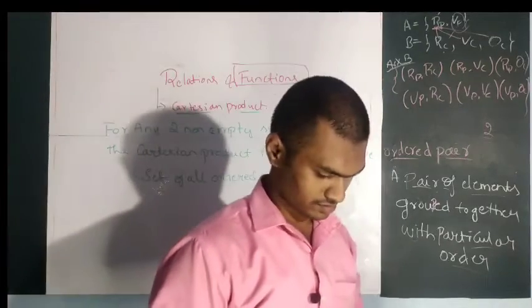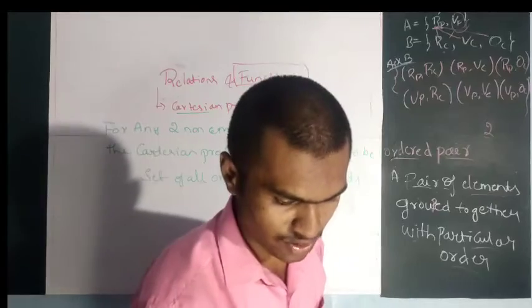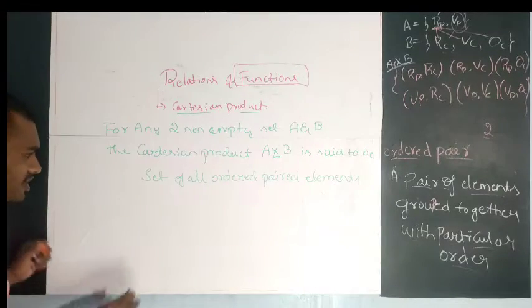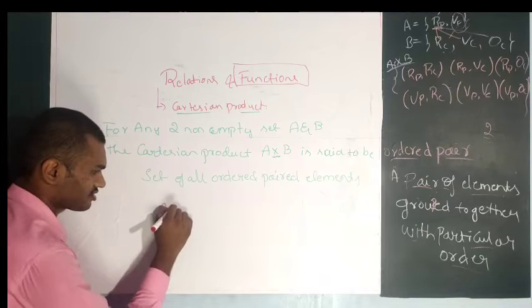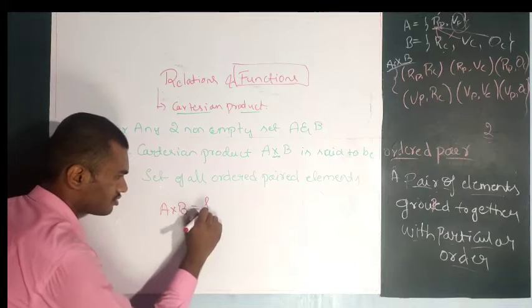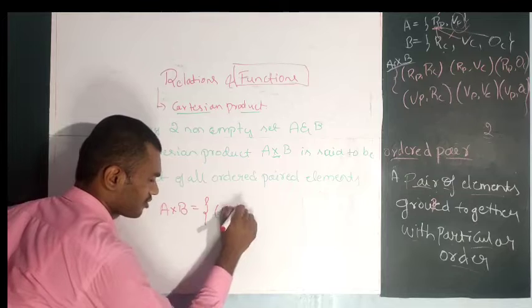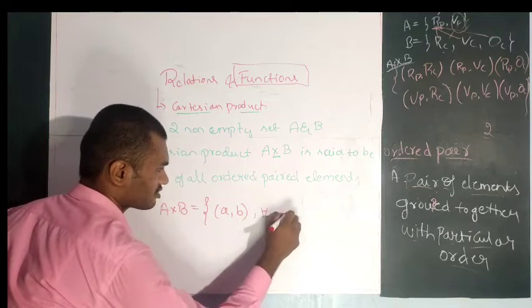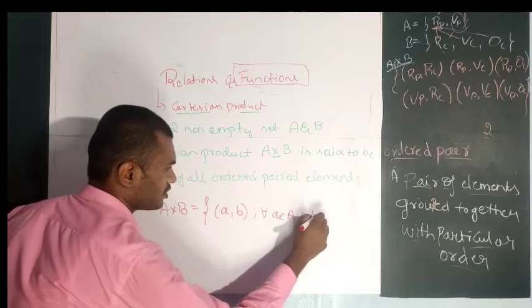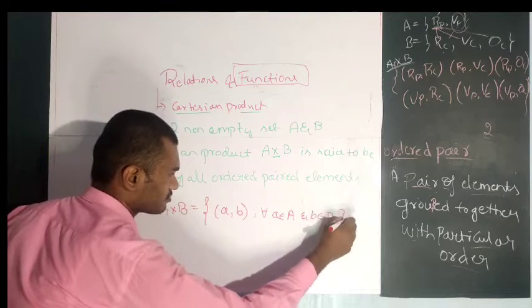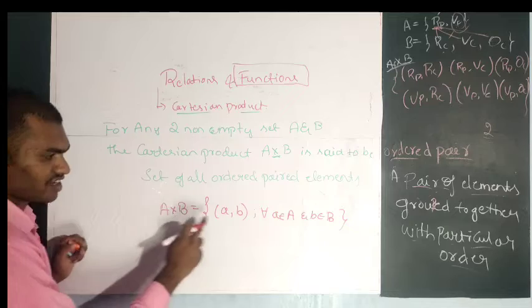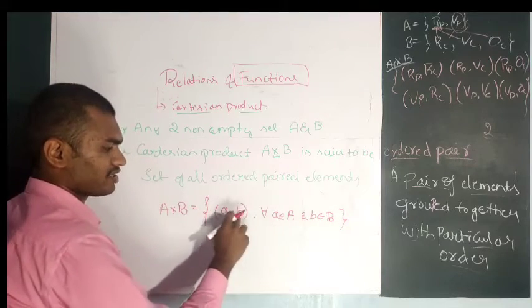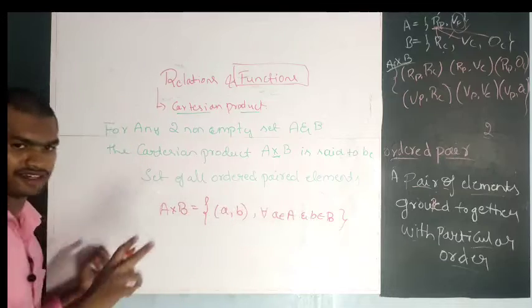Now generally, how can we write that? A cross B can be written as A cross B is equal to, we can write like this, (a, b) for all a belongs to capital A and b belongs to capital B. So the first element should be in set A and the second element should be in set B, right?